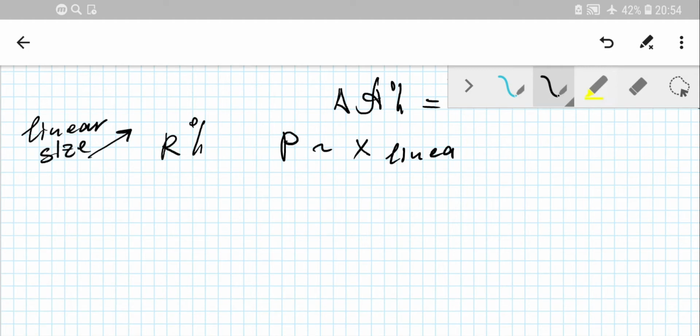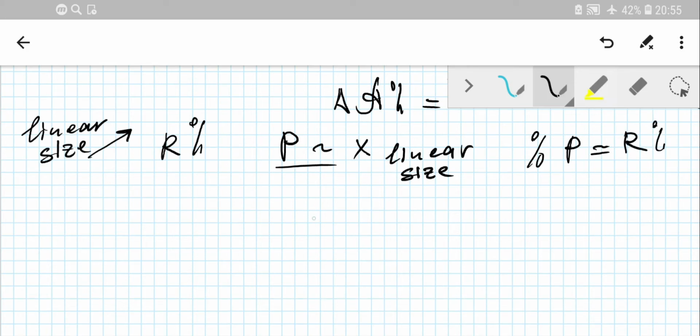Side lengths and linear size have the same influence on the perimeter. So that's why your percentage increase for the perimeter is simply equal to r.